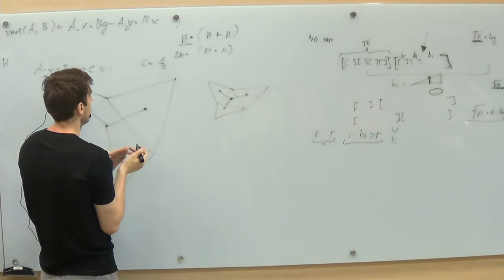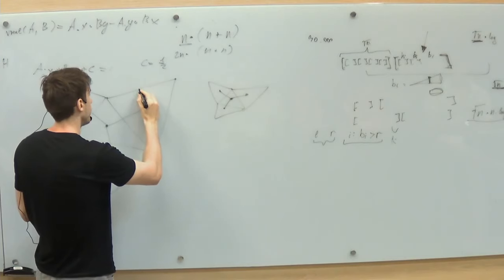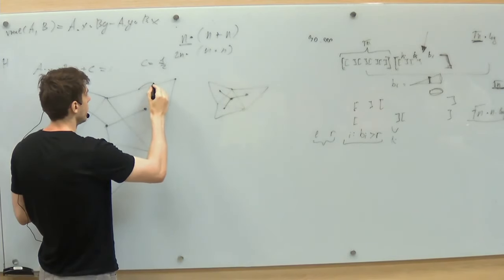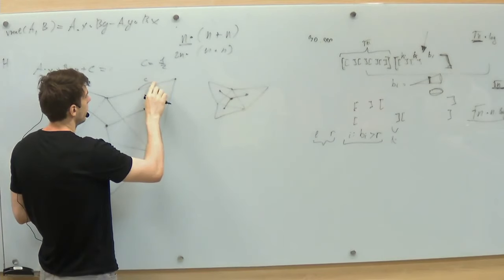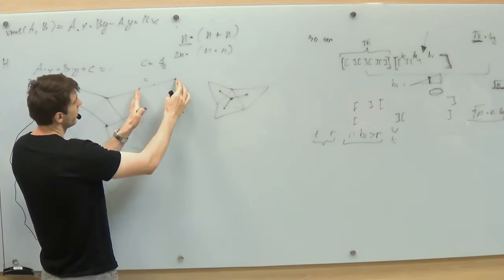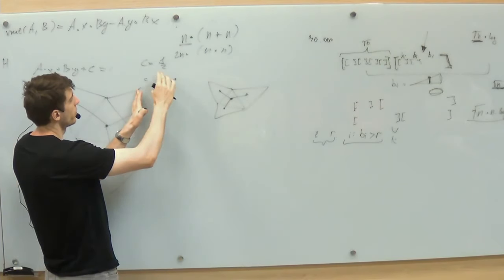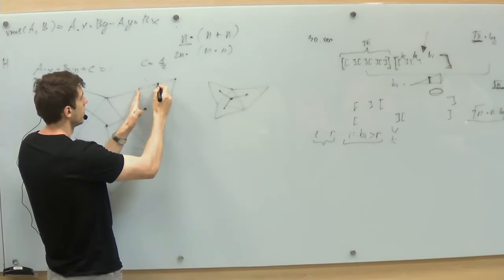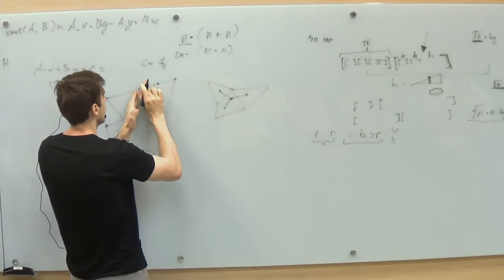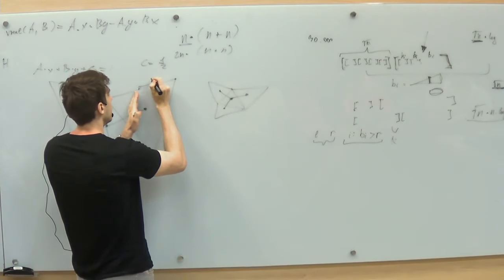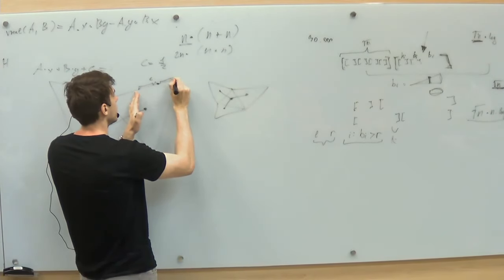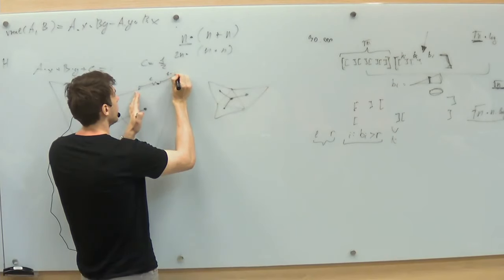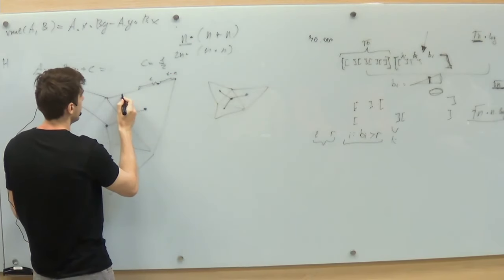This would be the first edge, and from its middle we are counting C. We split this half of the edge in the proportion C and 1 minus C. So this is C, this is 1 minus C, and we're doing the same here.